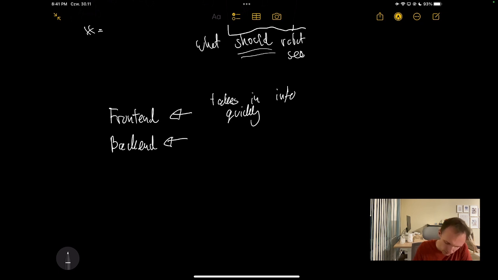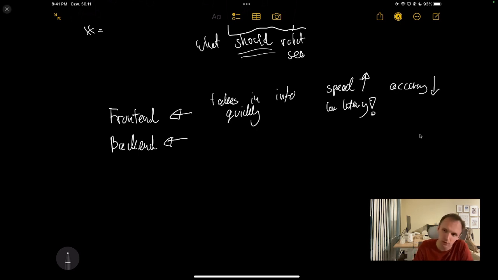And then the backend, it takes a trade-off. So the front end wants more speed. Speed is very important, and latency should be as low as possible, low latency, but accuracy can be smaller.